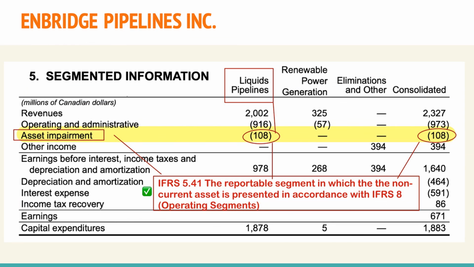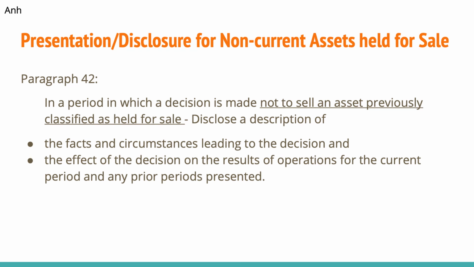This 108 million asset impairment loss was also presented as a single line on the segment report, following IFRS 5 paragraph 41 and IFRS 8. And the last one, paragraph 42, is for an asset previously classified as held for sale.